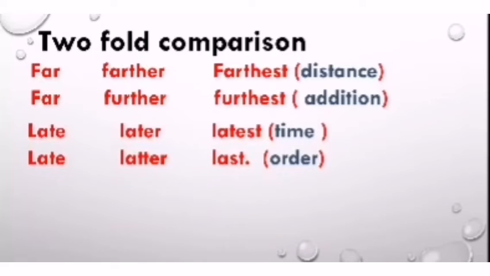Late, later, latest; late, later, last. Here the word late is indicating time and order also. So in case of time, its forms will be later and latest, and in case of order, its comparative and superlative degrees will be later and last.